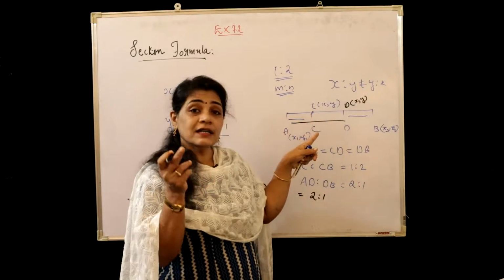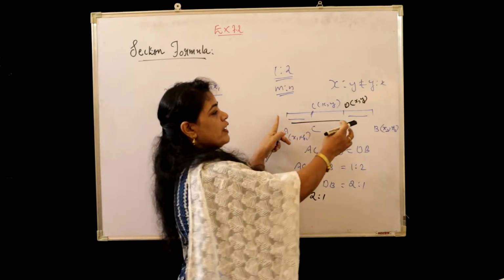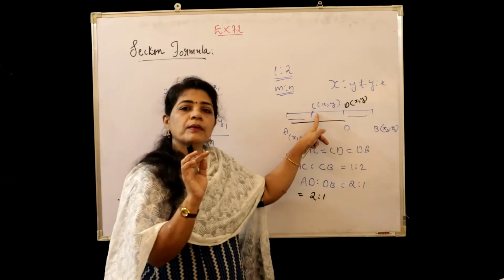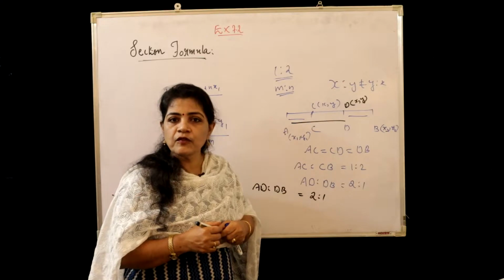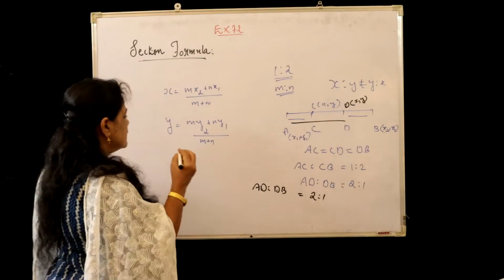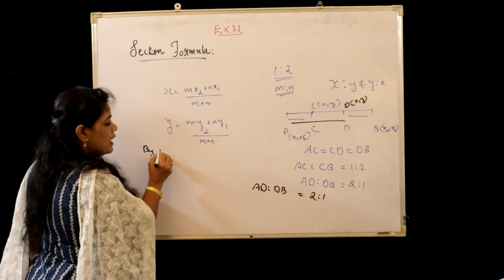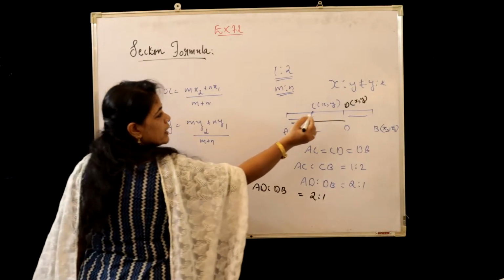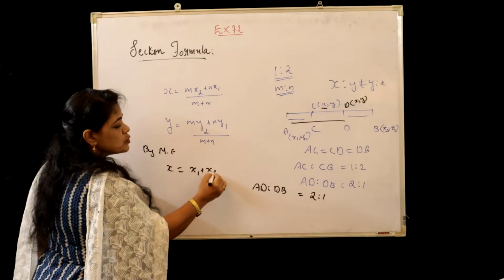But since here C is the midpoint of AD, you can apply the midpoint formula. What is the midpoint formula, children? That is very simple, we have already explained it. In the midpoint formula, x equals x1 plus x2 by 2.